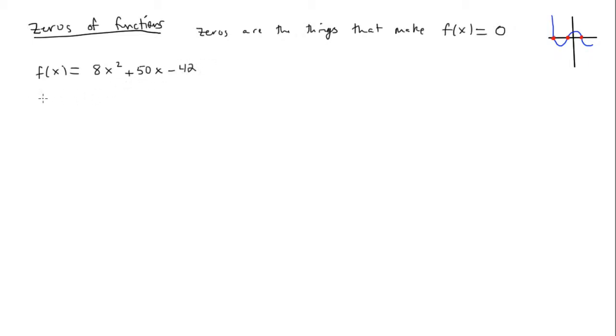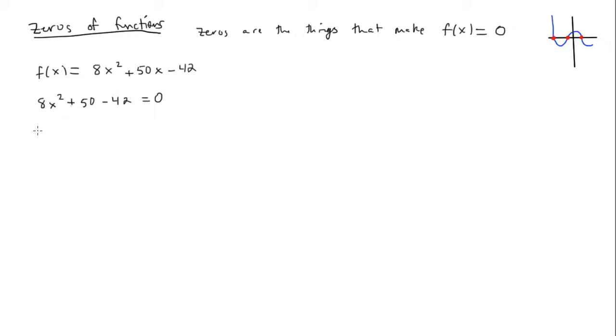So all we have to do is set f of x equal to 0. Here's f of x, the given function, and I'm going to set that equal to 0. We've solved equations like this quite a bit so far. This is a quadratic equation, so we can solve it using the same techniques. Two things I noticed that are a little annoying. One, we've got some pretty big numbers here, 8, 50, 42, but they're all even numbers.